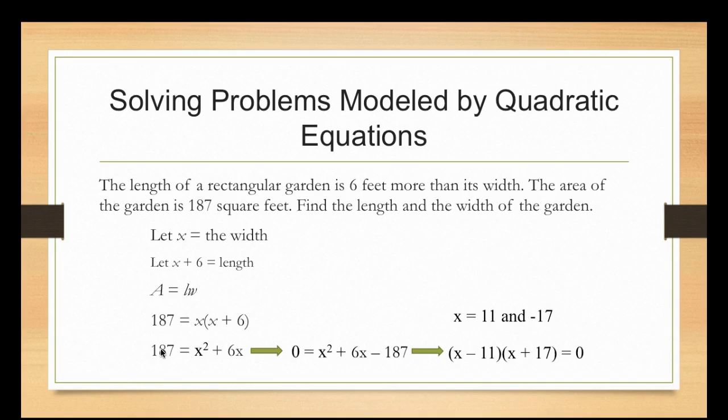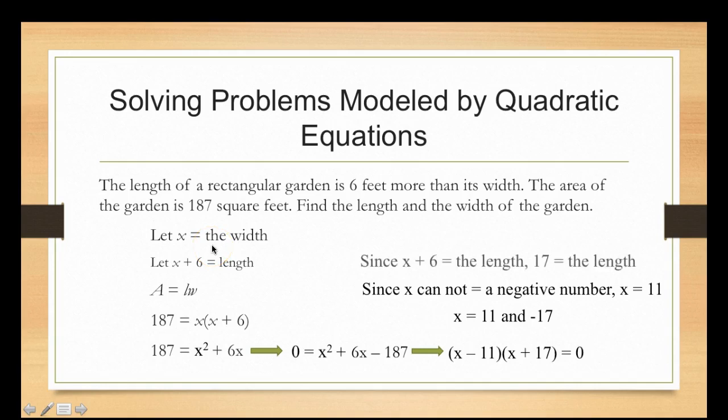But be careful here, because the question asks for the length and the width. You cannot have a negative distance. So the answer cannot be negative 17. It must only be positive 11. And so once I figure out that x is 11, I can then add 6 to it to figure out the length. So the width would be 11 and the length would be 17.